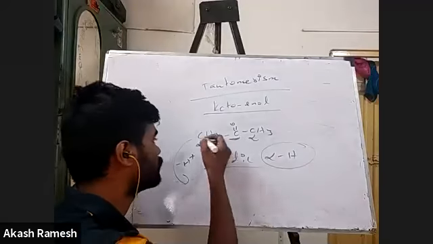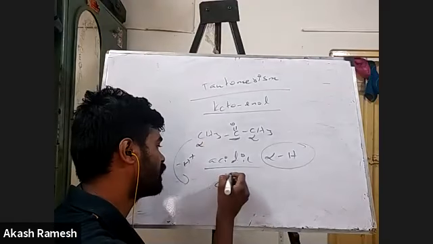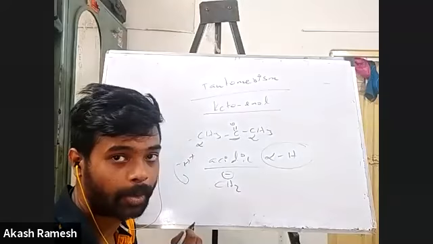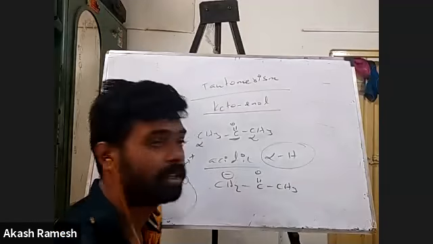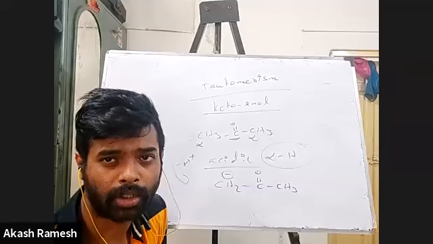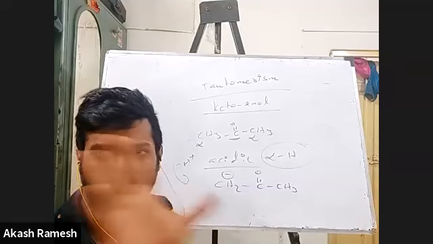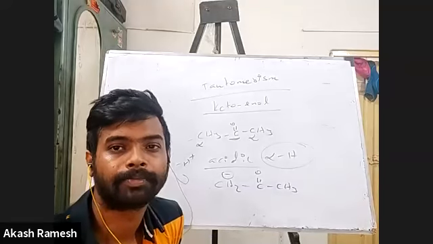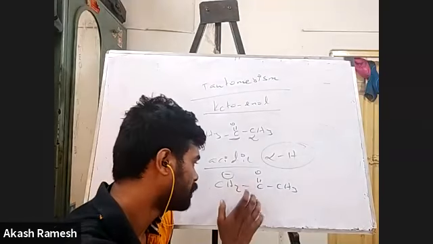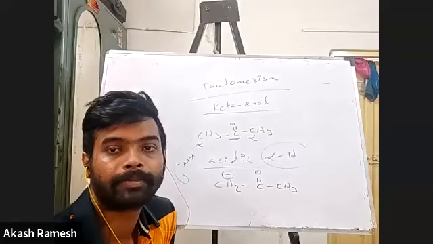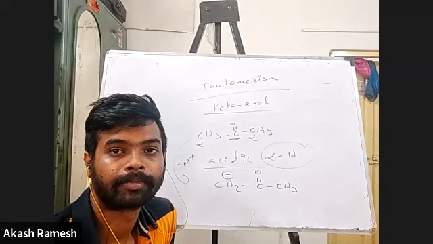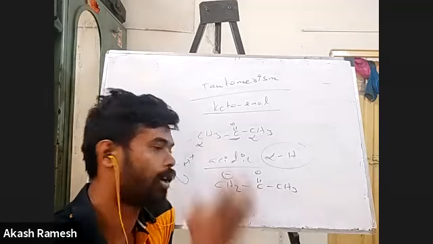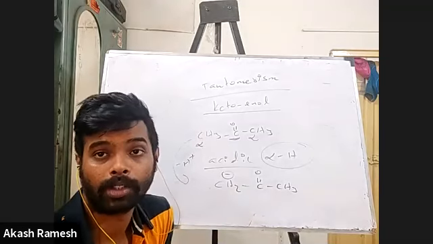So say if I remove this one, I will have CH2 minus after removing H plus, C double bond O, CH3. No issues, right? Now, with all the knowledge you have from organic, tell me how this anion is stable.